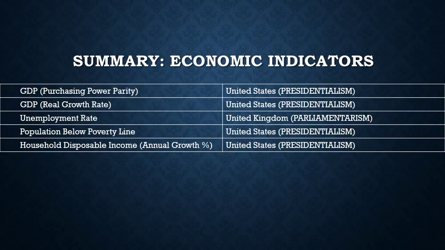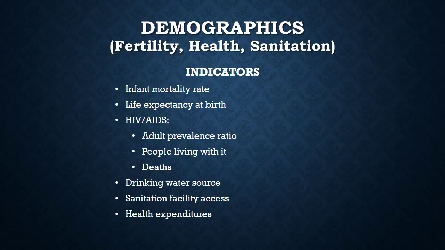Therefore, the United States also wins the match. As a summary, for the economic indicators, the United States gained more edge compared to the United Kingdom in all 5 indicators that the researchers included.